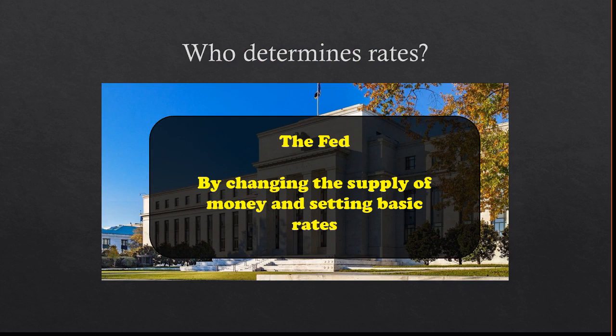So again, for the most part, the Federal Reserve is going to decide not each specific interest rate, but kind of the flavor of interest rates, the harmony of interest rates, whether they're low or high. And it's going to do that by changing the supply of money. And it also sets some basic rates. And again, we'll talk about this when we talk about the Fed next time. It's not our purpose right now. Our purpose right now is to start talking about how interest rates, why they vary, how they vary, and how they affect the economy.